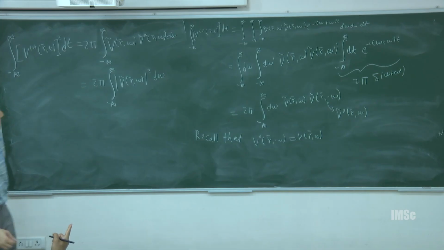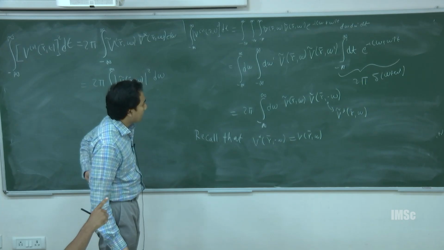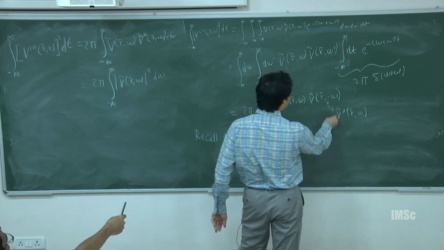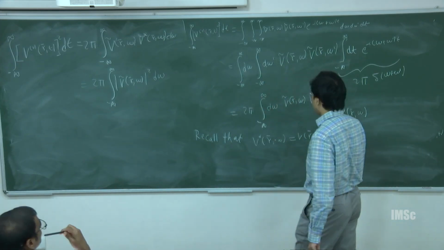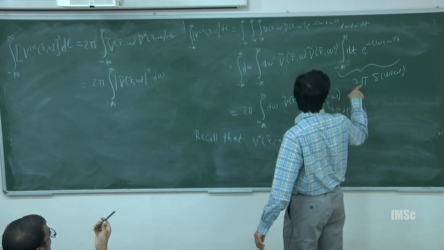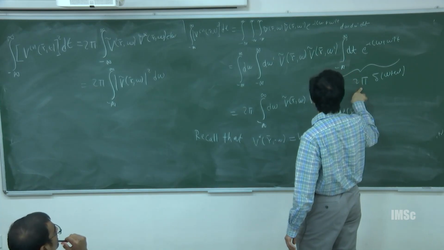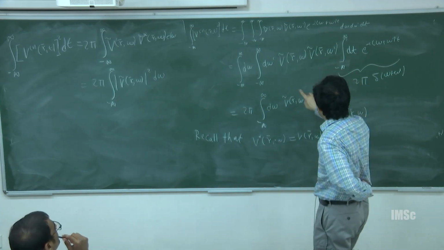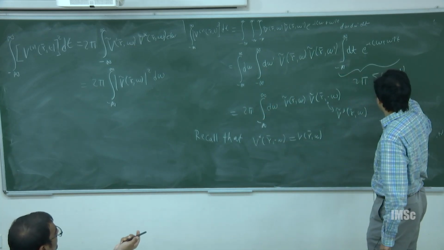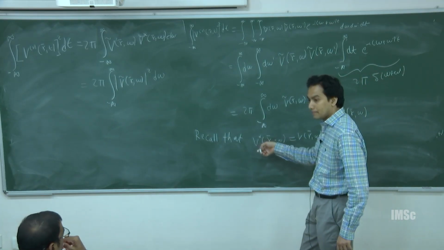Shouldn't there be a total negative sign? Where is the negative sign? Omega prime equal to minus omega. This one? No, why is there minus 2 pi? The omega prime is minus omega. No, I'm not making a change of variable in the integral. So here it is just delta of omega plus omega prime. But here we are just exploiting the property. No, this part I understood.